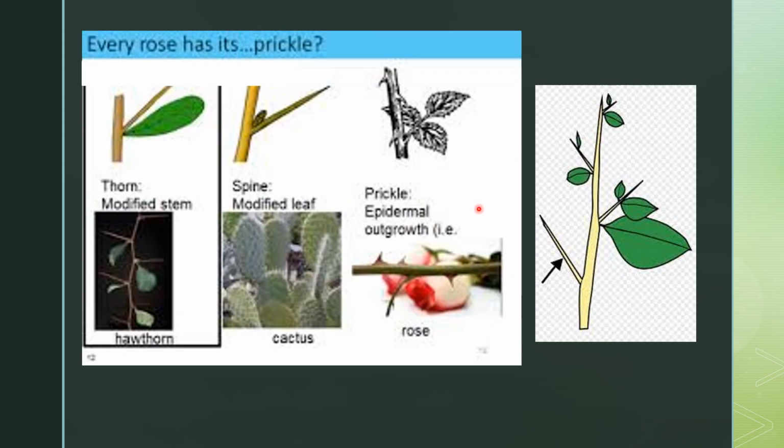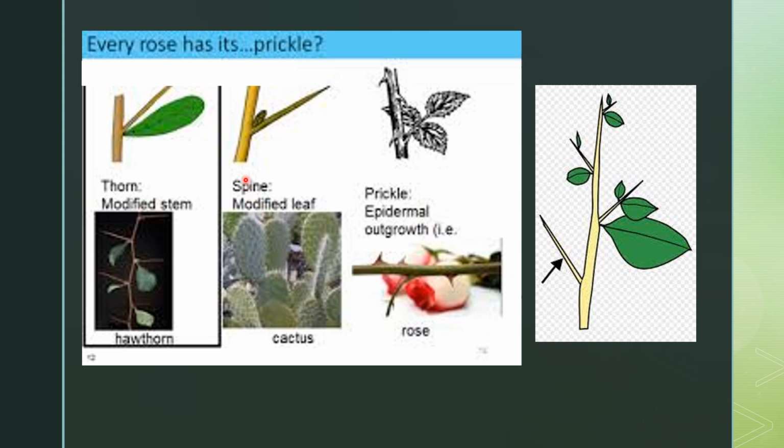This is the thorns. I talked to you before about the modified leaves to spines, right? Now we are talking about the modified stem to thorns. So there is a difference between spines and thorns. It depends on the position of growing of each one. The spine is a modified leaf, like in cactus.